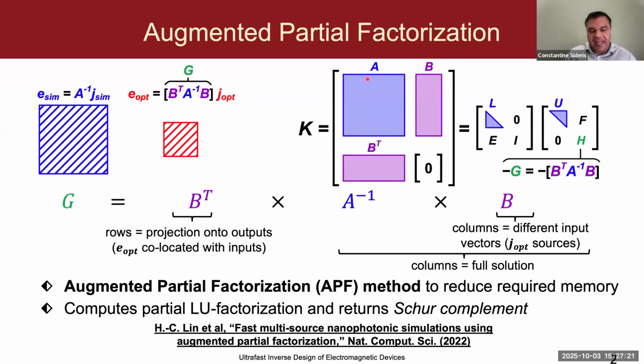So we create the system where A is the full FD matrix, and you have these B matrices here, and you put a 0 in this location. And if you just do a partial factorization, what you get as the Schur complement is minus the G matrix. And again, please take a look at Professor Wei Chu's paper for more information on how this works and why it is so effective. But it allows you to very efficiently, with low amounts of memory, compute this G that we need in a single shot.